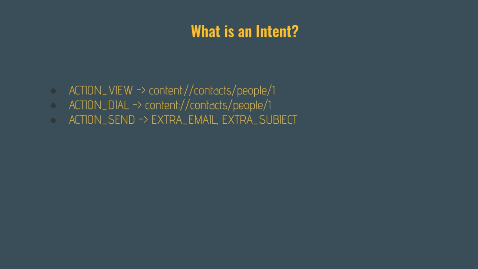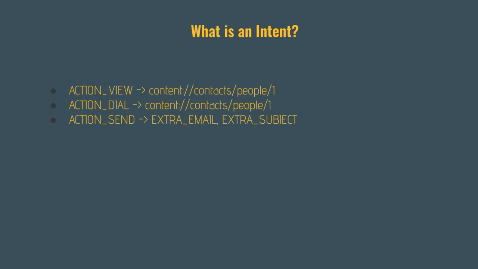So here are a couple of examples of common actions. So the action view. And when using action view, you might pass in some type of data for this representing, let's say, a person in the local database. So in this case, the URI for action view, content://contacts/people/1, is saying, give me the contact in our phone with the ID of 1.